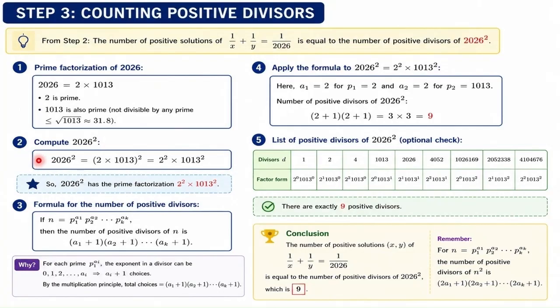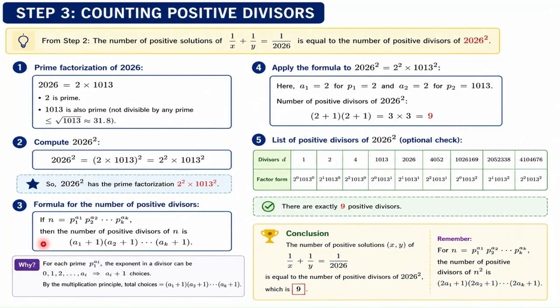Now we use a well-known result from number theory. Suppose n equals p1 to the power of a1 times p2 to the power of a2 and so on. Then the number of positive divisors of n is (a1 plus 1) times (a2 plus 1) and so on.